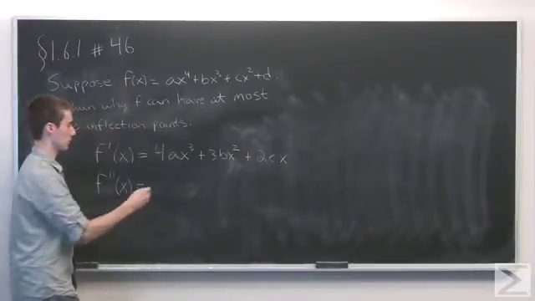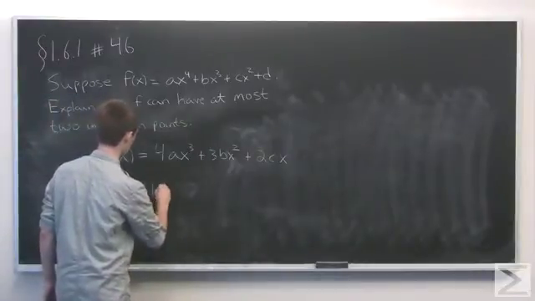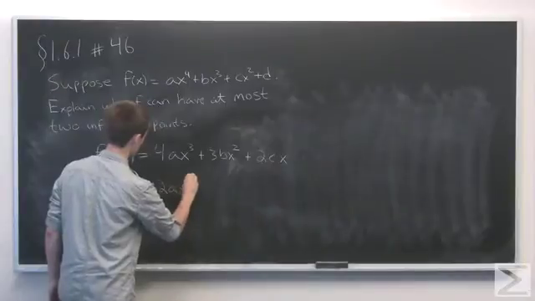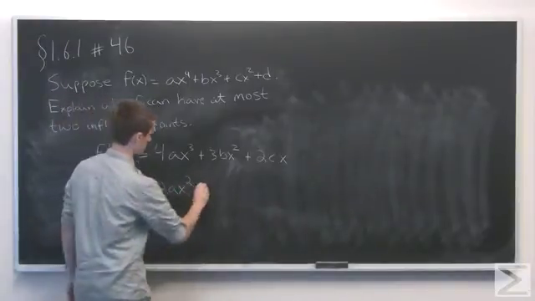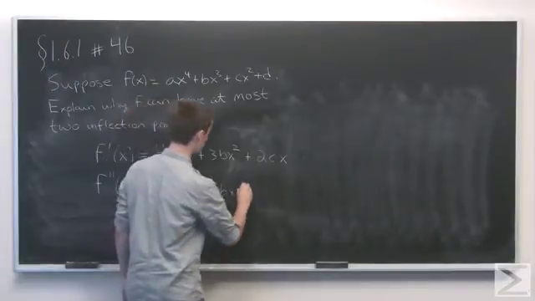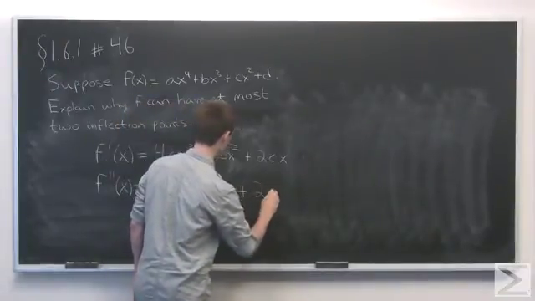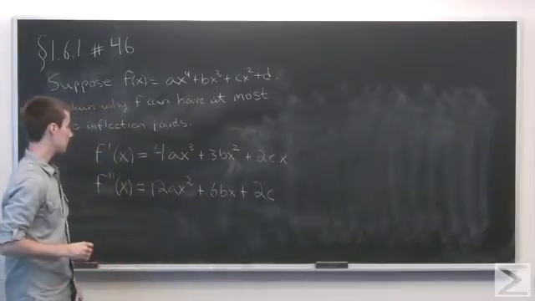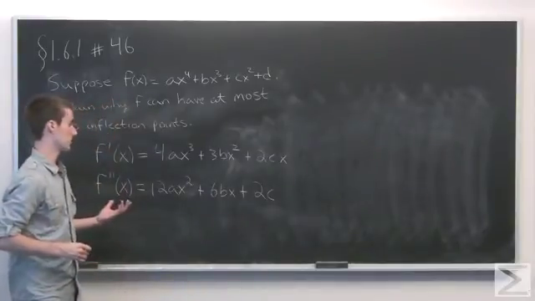Now the second derivative will be 3 times 4, 12, ax, and I'll bring down the power, so we have x squared, plus 6bx plus 2c. Now, the second derivative is defined everywhere.